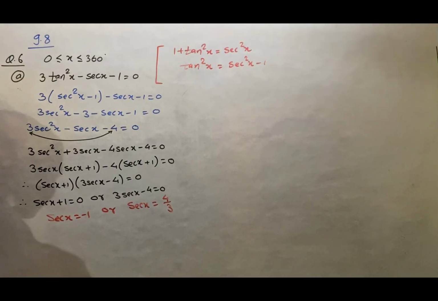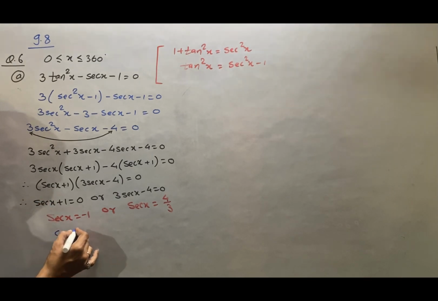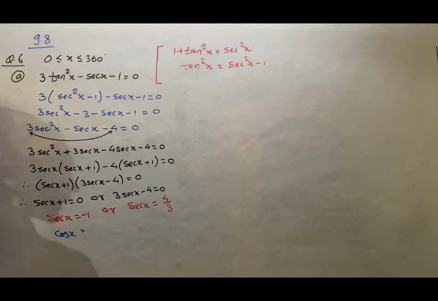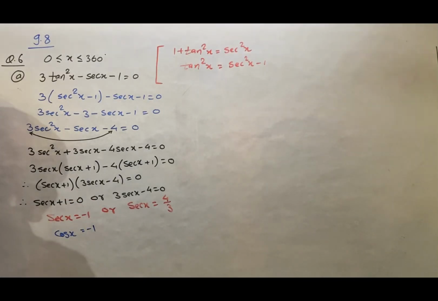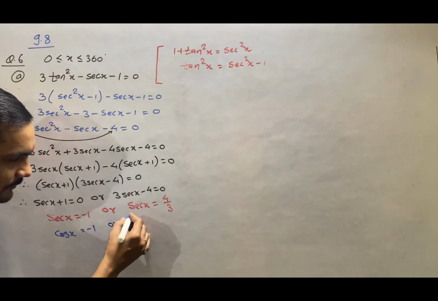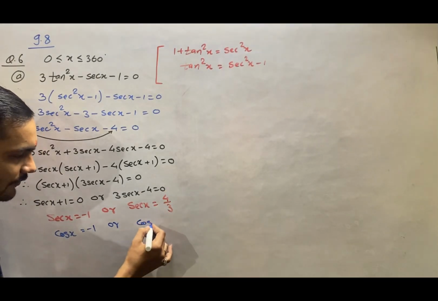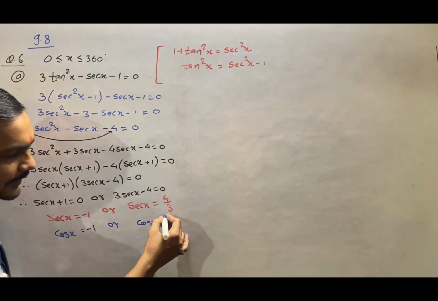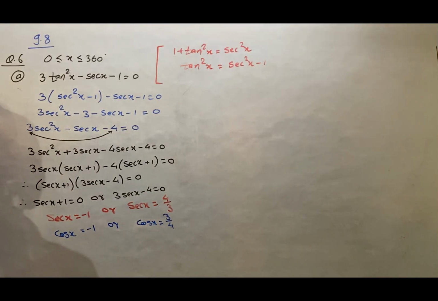So now let's take the reciprocal, because now we have to convert into cos. The reciprocal of negative 1 is still negative 1. And cos of x, the reciprocal of 4 over 3 is 3 over 4. So now we have to solve for these two values.